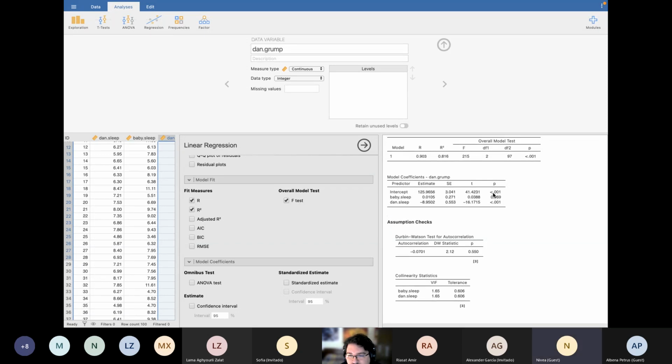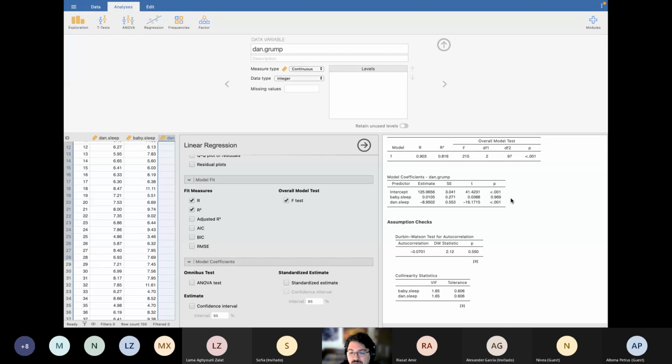The intercept is less than 0.05, and also Dan sleep, but not baby sleep. So probably we have an issue. I'm certain that baby sleep affects the grumpiness.